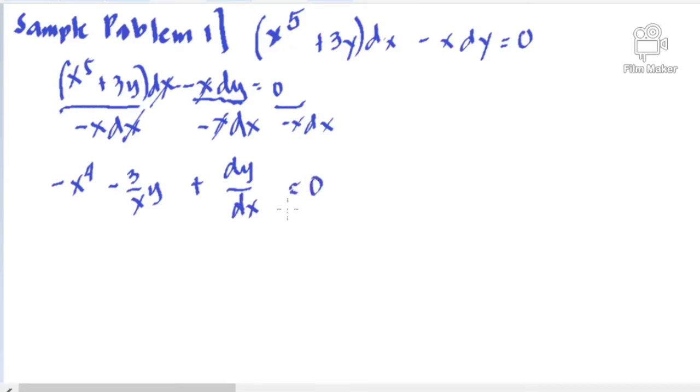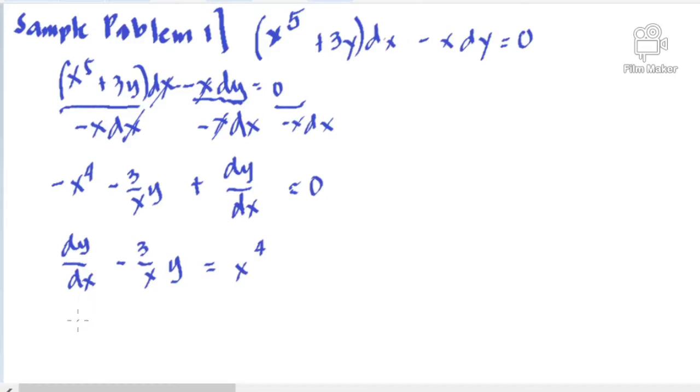Ayan. Sige, i-rearrange natin. So that will be dy over dx minus 3 over x y is equal to, ilagay natin sa kabila ito, x to the fourth. Now, ano yung napansin ninyo?